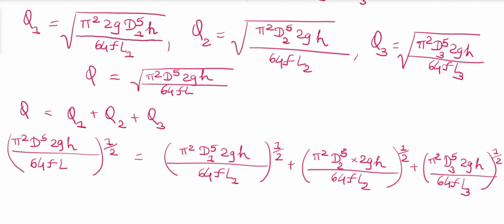Here one thing you will be seeing is pi square 2gh upon 64f is common everywhere.